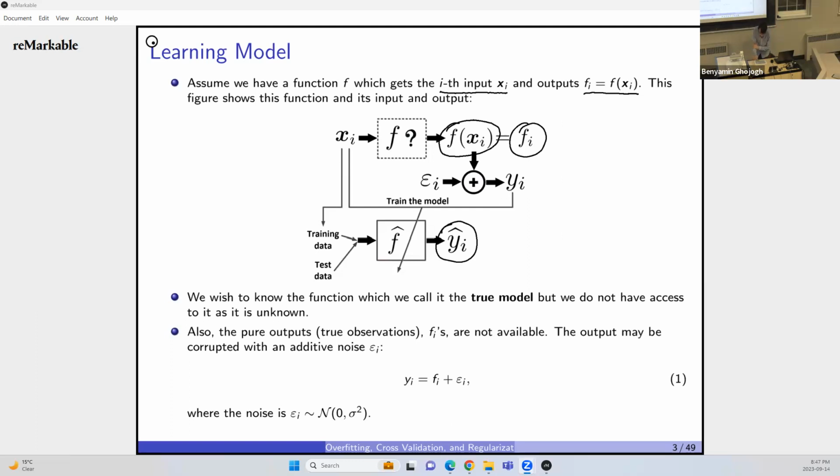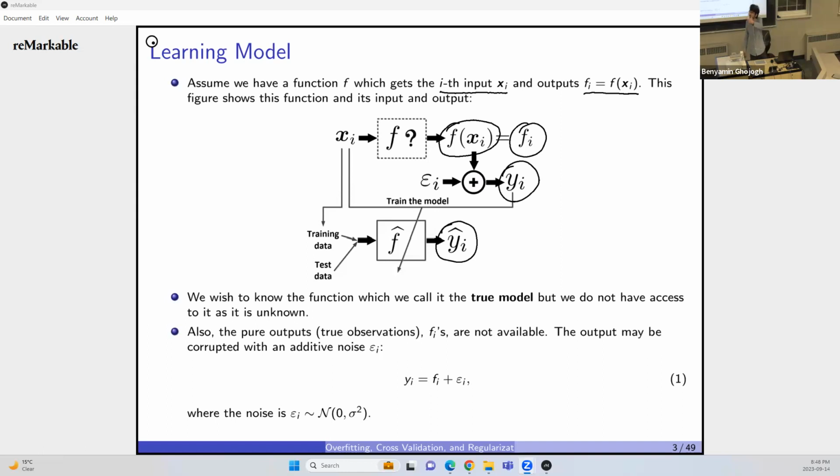But the true thing is fi, so you want yi hat to be as close as possible to fi. And we know that the labels we have for training data, let's call them yi, are not exactly fi. They are fi plus some noise.